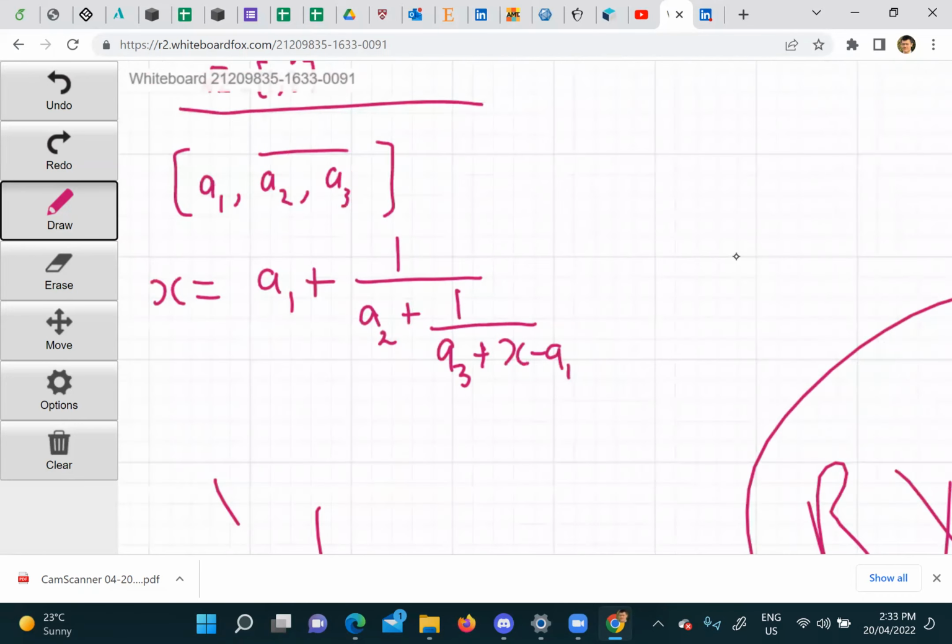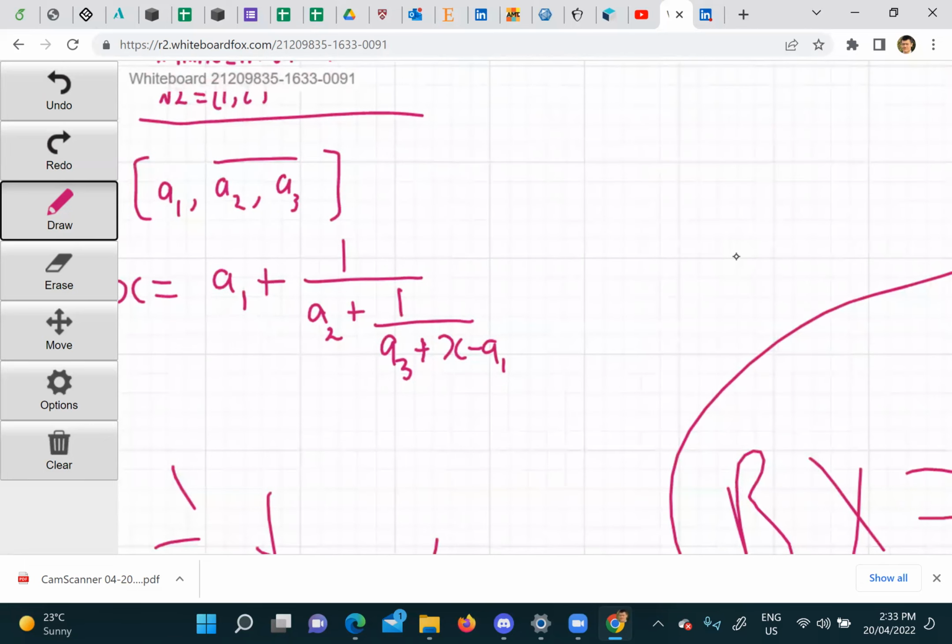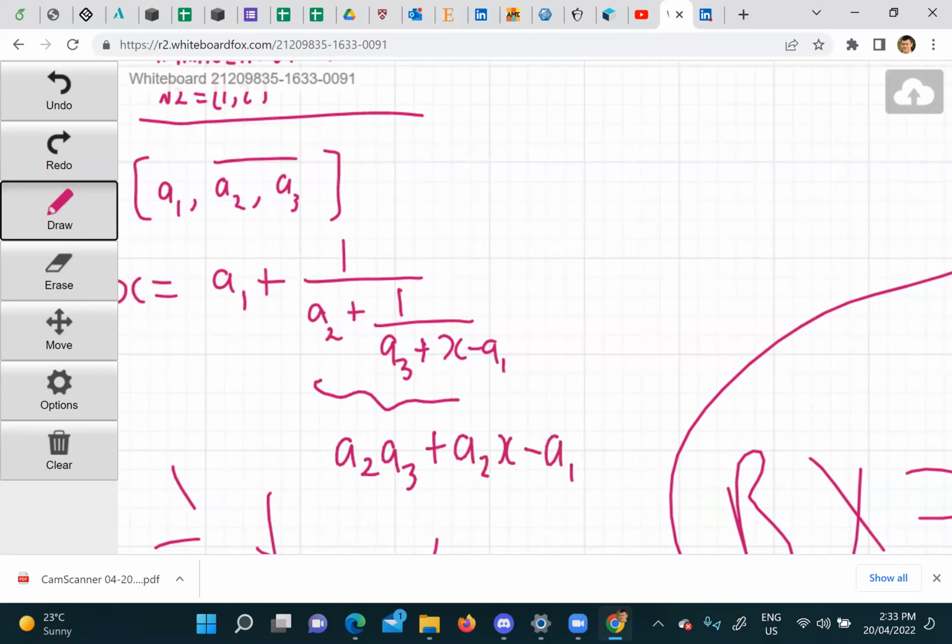Okay, so how do we do this? No matter how long the period is, you just keep going longer, right? What you would get is the last bit here, A2, A3 plus A2x minus A1, A2.